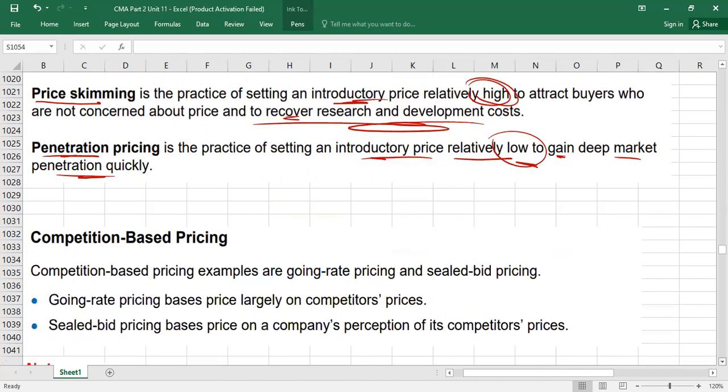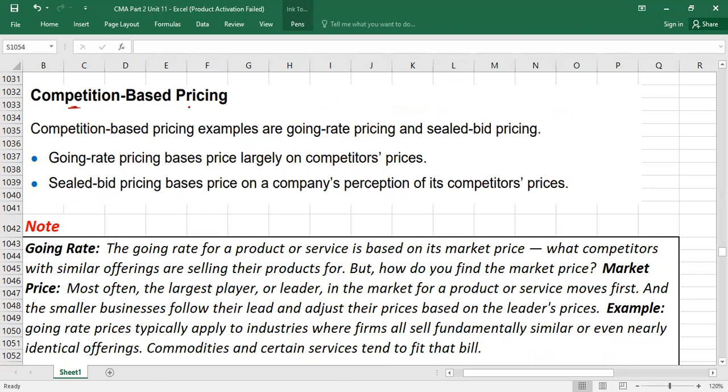Now we have another approach, called competition based pricing. Please remember, competition based pricing includes going rate pricing and sealed bid pricing. Remember the difference between going rate pricing and sealed bid.